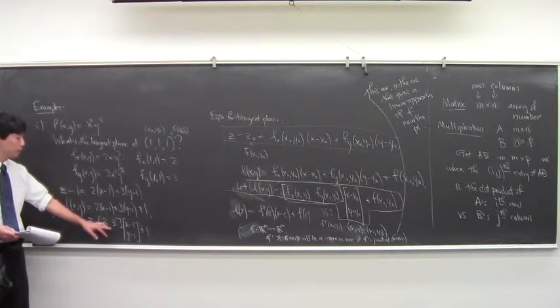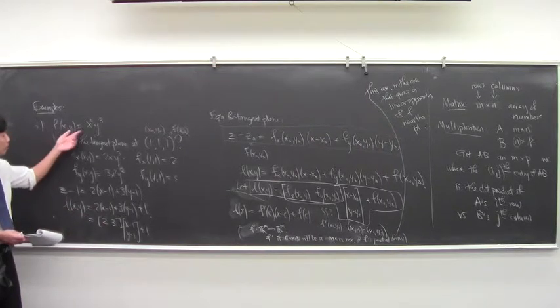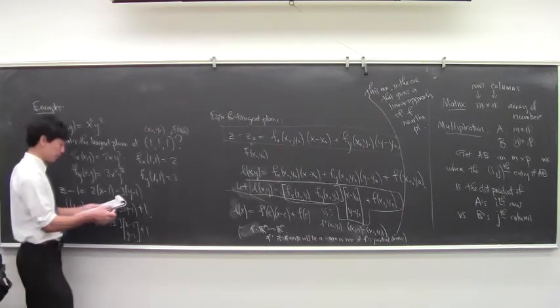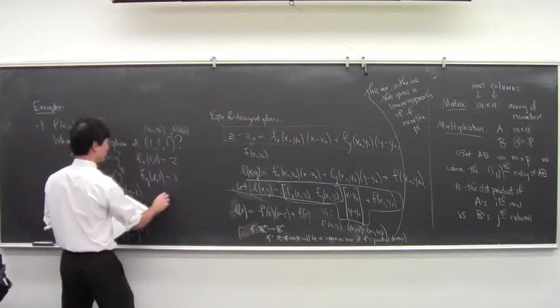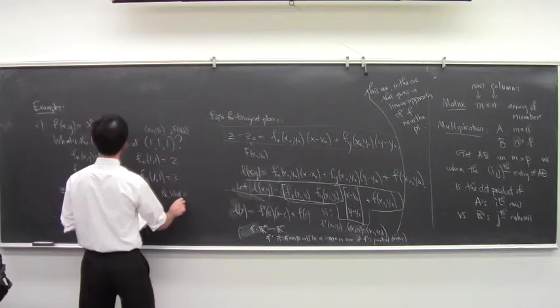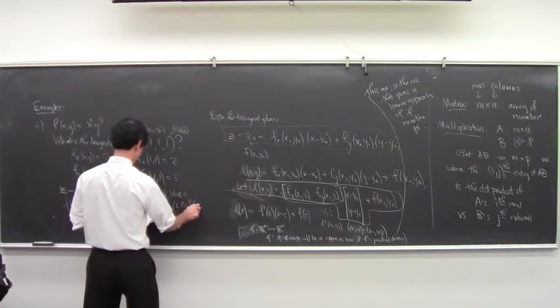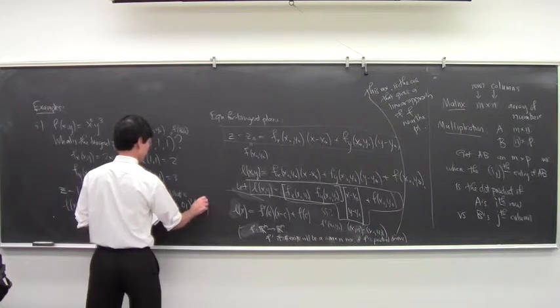Okay. So, for example, if I ask you, tell me what is 1.01 squared times 0.99 cubed?